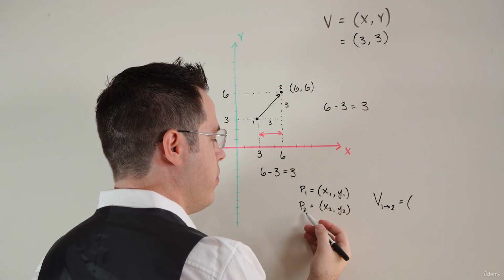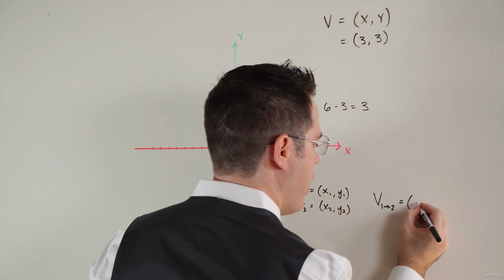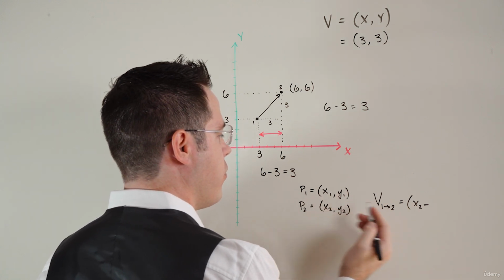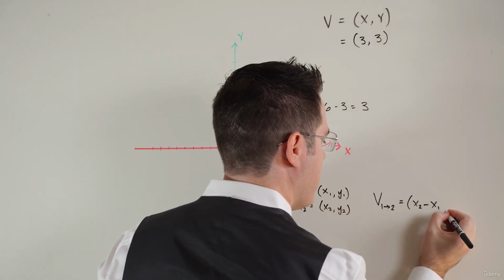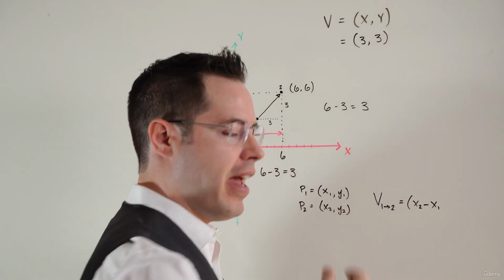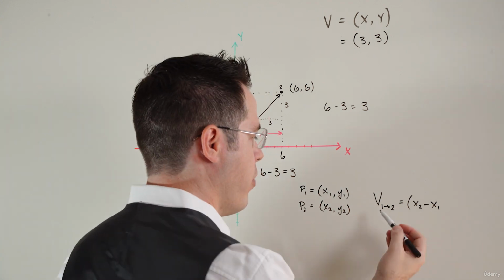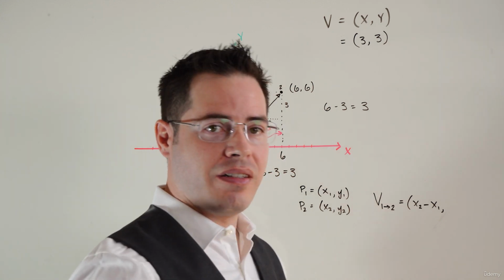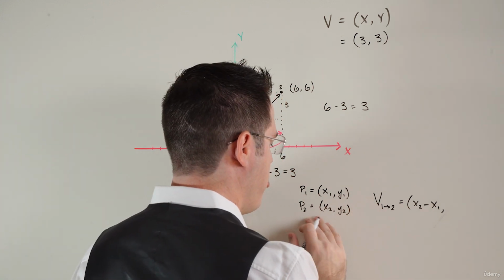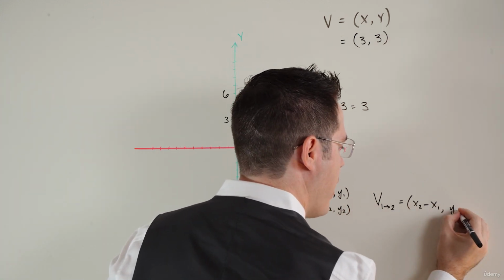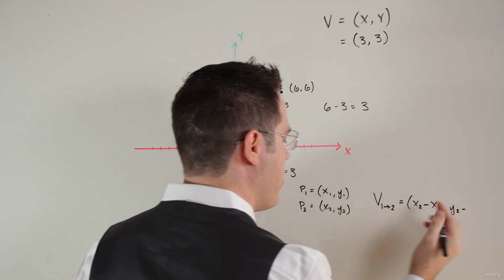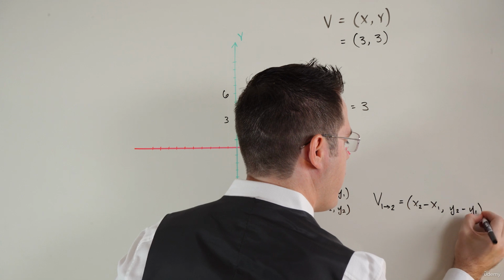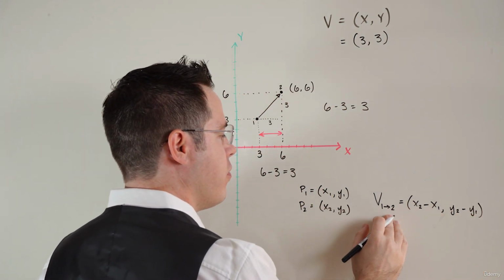We take point 2, we get its x-coordinate, x2, and we subtract the x-coordinate from point 1, x1. This gives us the x-component of the vector from point 1 to 2. And for the y-component, we do the same thing in the y direction. We take point 2, take its y-component, y2, and we subtract the y-component of point 1, y1. This gives us the vector from 1 to 2.